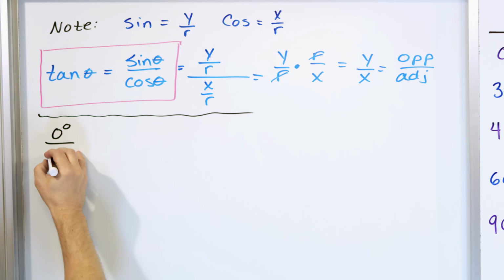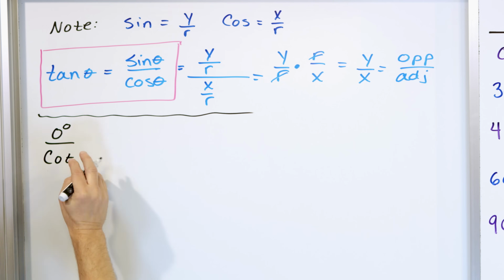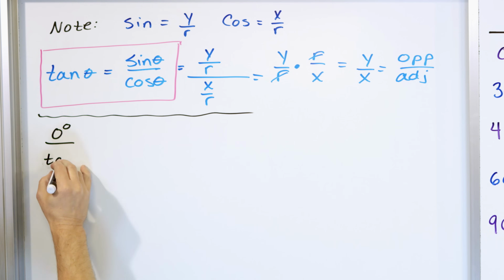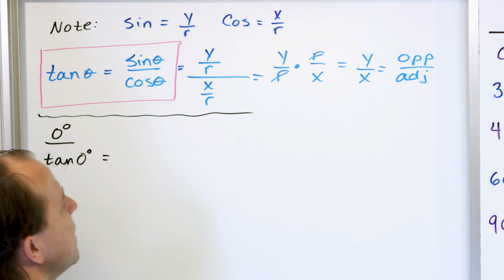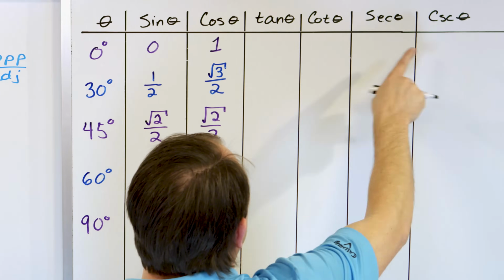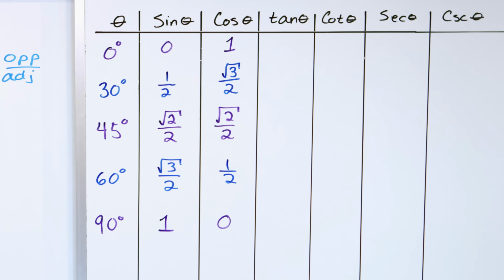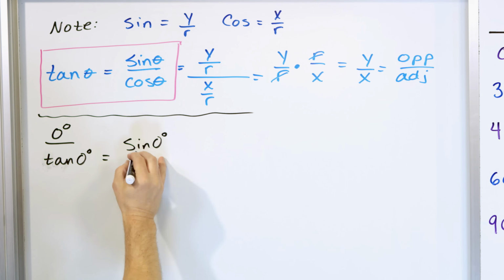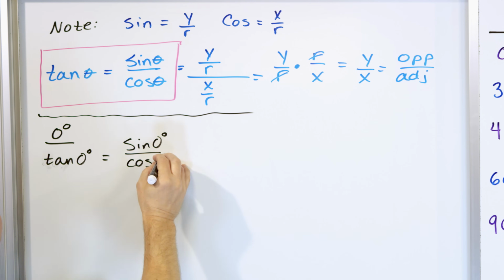What I need to know is what is the tangent of 0 degrees? Because that's the next thing in here. But remember I told you the tangent can be written as sine over cosine. So it's going to be the sine of 0 degrees over cosine of 0 degrees.